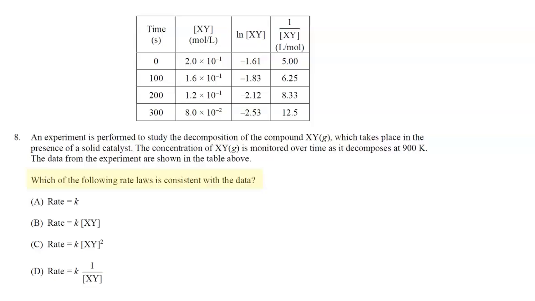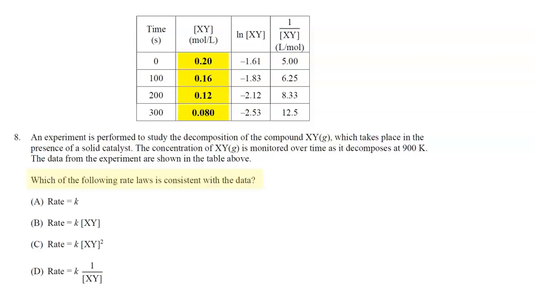I'm going to write these numbers in regular notation to make it easier to see the relationship. So 2.0 times 10 to the negative 1 would be written in regular notation as 0.20. And then 1.6 times 10 to the negative 1 is equal to 0.16. 1.2 times 10 to the negative 1 would be written as 0.12. And then finally, 8.0 times 10 to the negative 2, that is equal to 0.080.